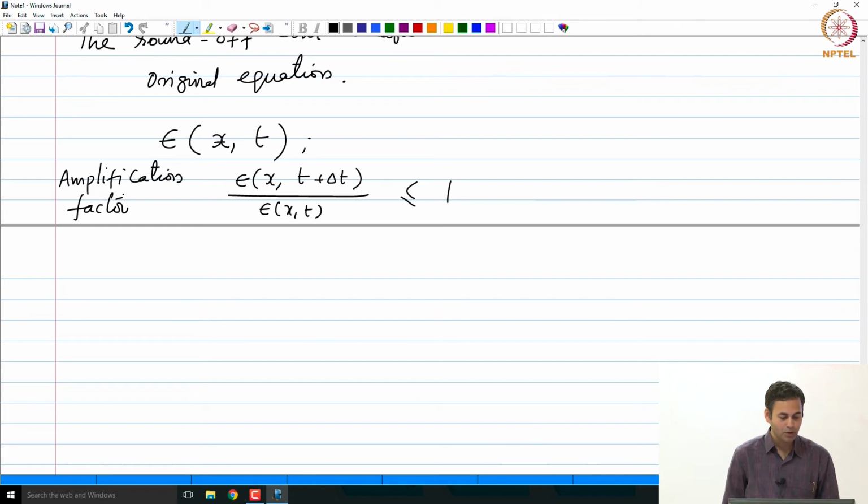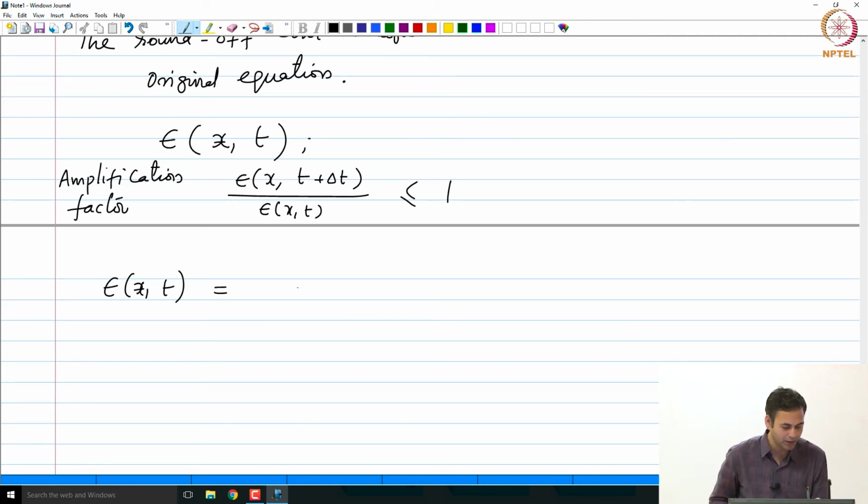Fine. But as of now, we do not know any form for this round off error. So, we can assume that the round off error is composed of several modes, as in a Fourier series. That means, I am introducing a model for epsilon of x and t as being composed of several waves, as a function of space and time.